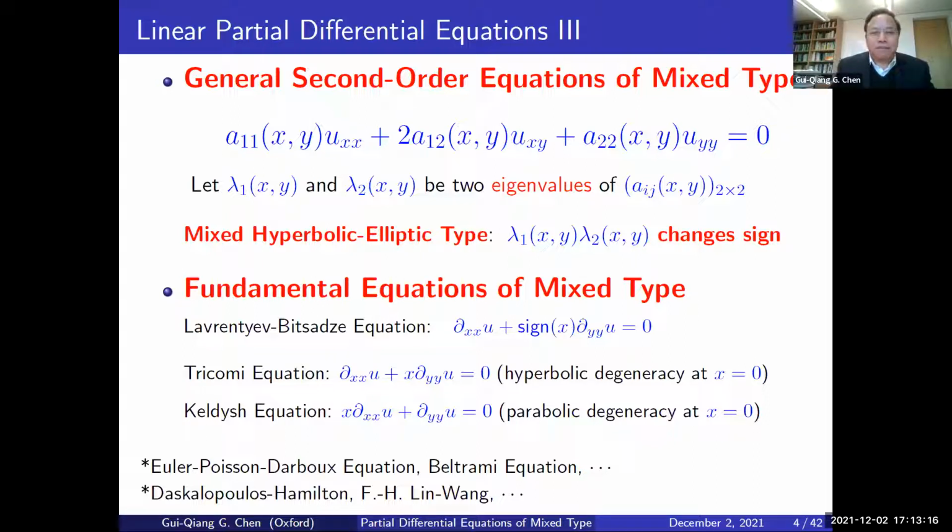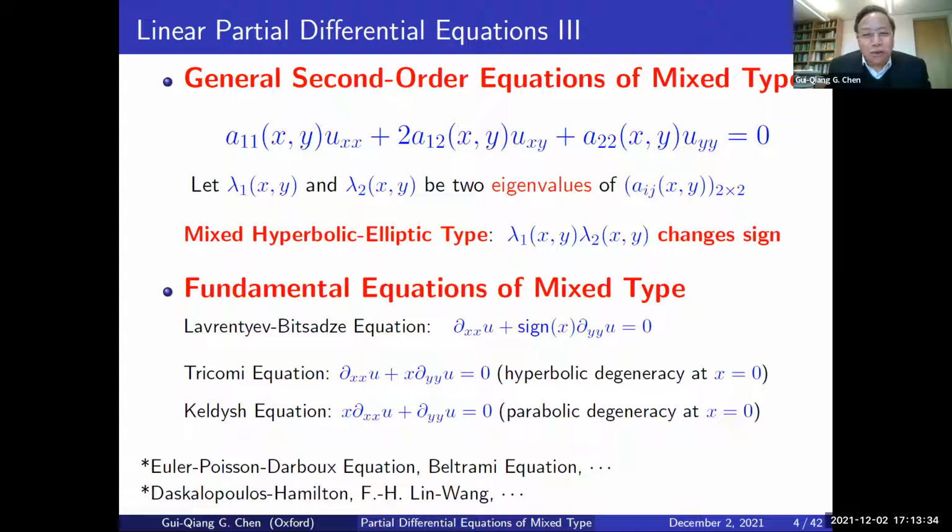Now for nonlinear PDE of mixed type, the coefficient Aij does not only depend on x, y, but also on the solution itself, or sometimes on the gradient of the solution. So before you solve the problem, you really don't know the transition boundary. The transition boundary is really like a free boundary problem.